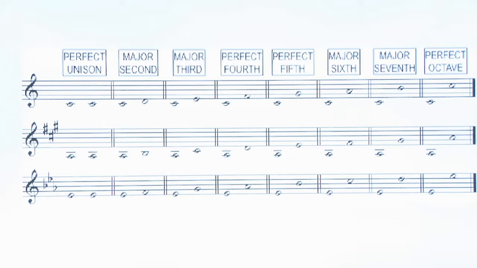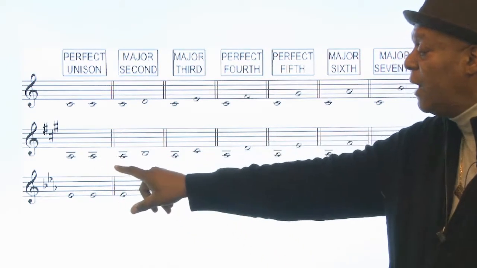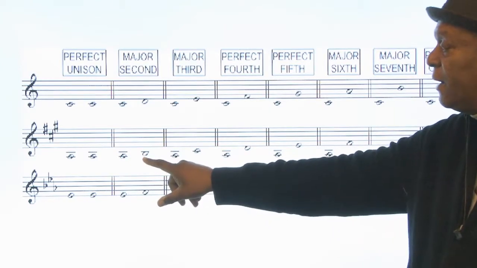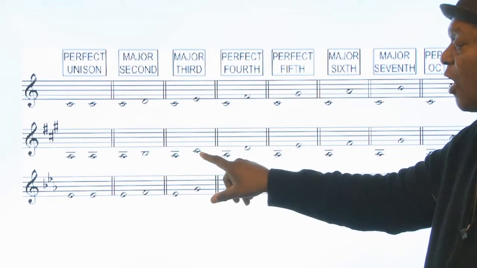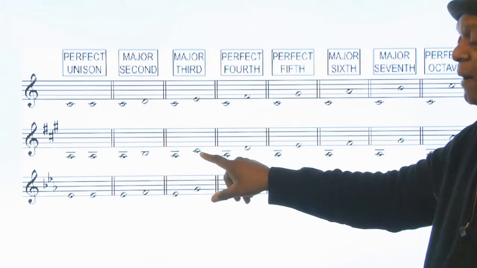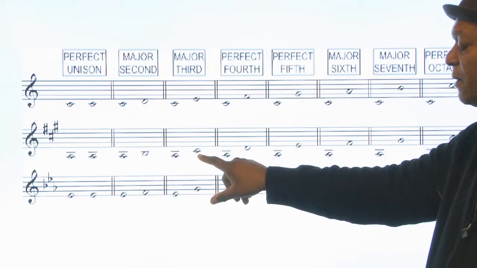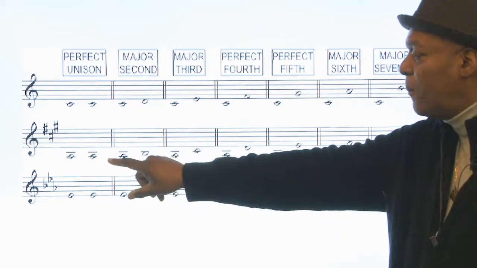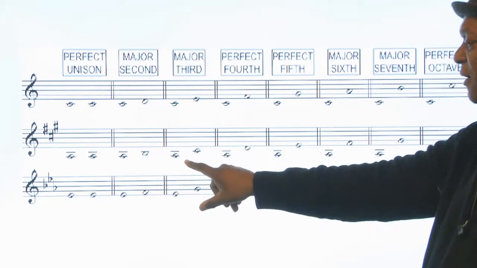So you have A, perfect unison, A, B, major second, A, C sharp, major third.